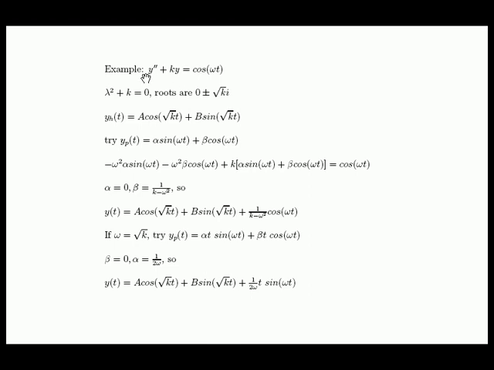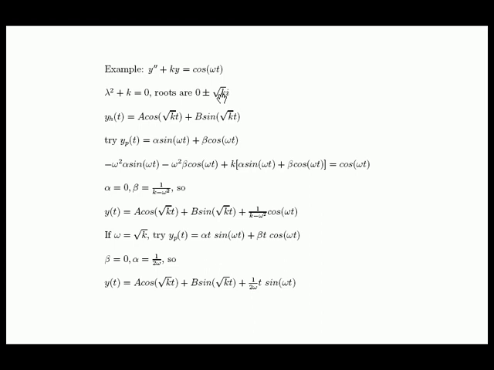So the forces acting on this are the force of friction, which we're taking to be 0, the force of the spring, minus ky, and an external force, cosine of omega t. First we solve the homogeneous equation. The characteristic equation is lambda squared plus k. The roots are plus or minus square root of k times i, so there are 2 complex conjugates.